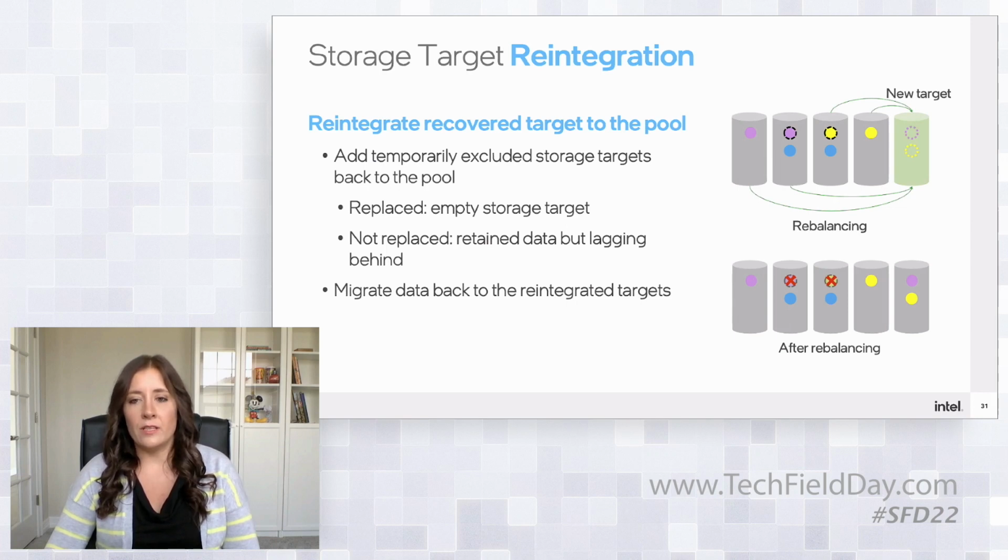In this case, you're going to need to take all of the data that had been reconstructed on the other storage servers and move it back to the reintegrated server. The servers that got involved previously in the data recovery can then free the extra space that they were using for the additional data protection, so that at the end of this reintegration activity, the whole DAOS storage system is restored back to its original performance and capacity as well.